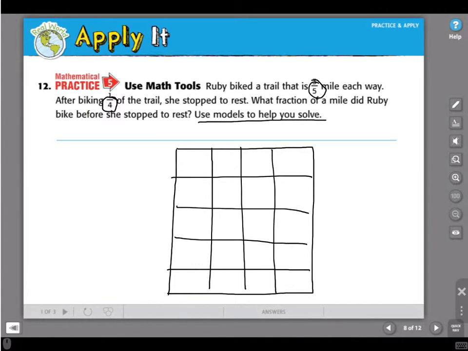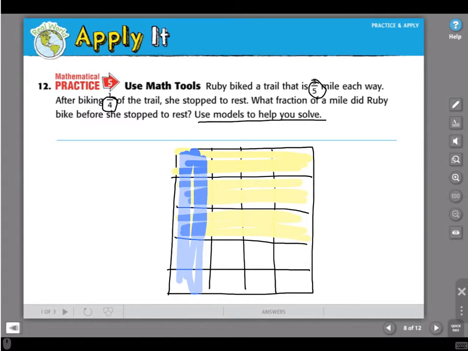My first step is going to be to represent 3/5. 3 fifths. And now I need to represent 1/4. So I have 3/5 times 1/4.